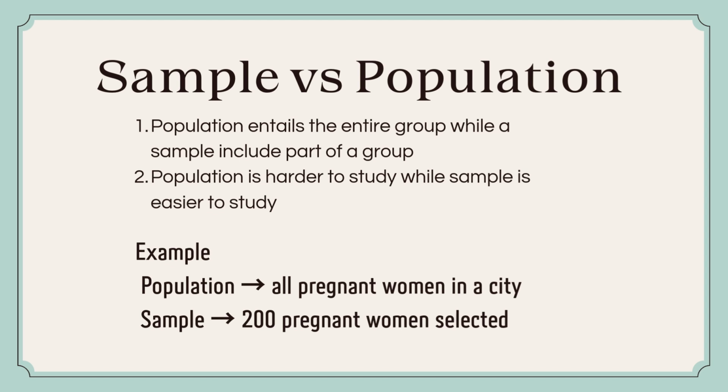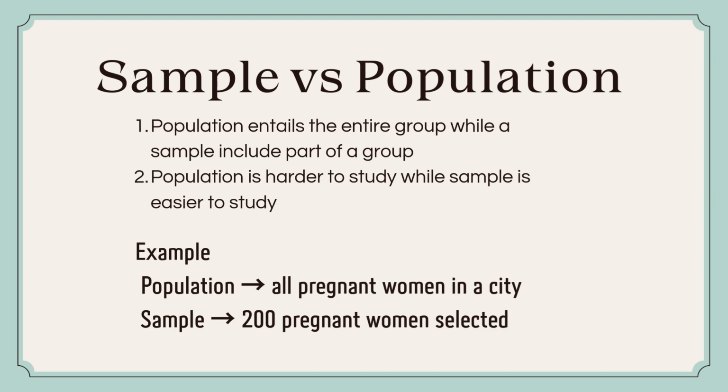By the way, a census is taking the entire population into study. That's why when they are doing a census in your country, they are checking for the population of everyone, right? And it's quite an expensive procedure. So the population is harder to study, while a sample is easier to study.